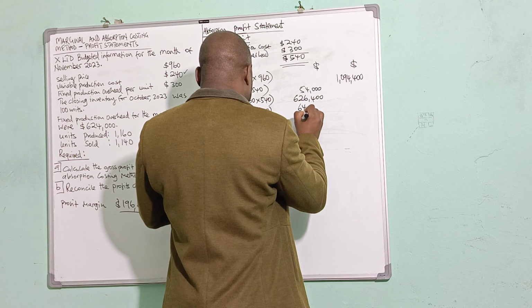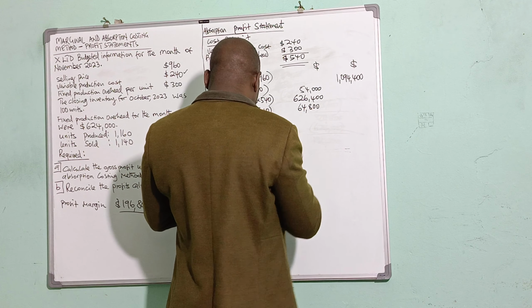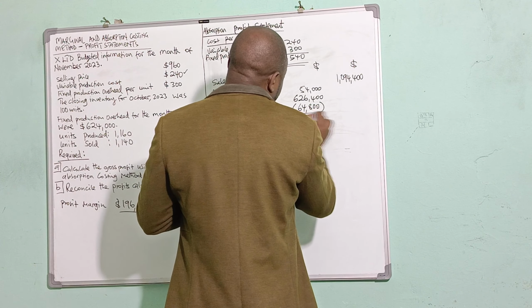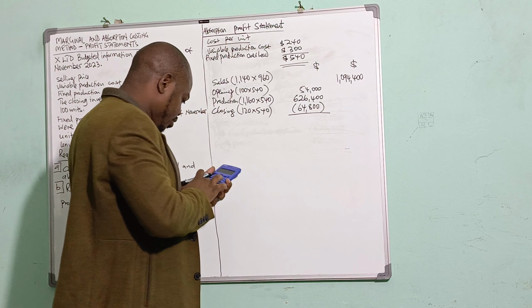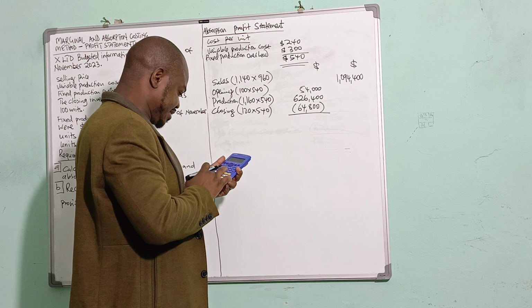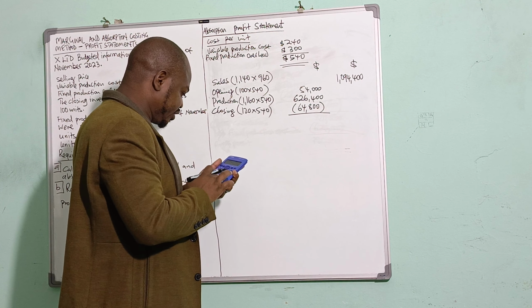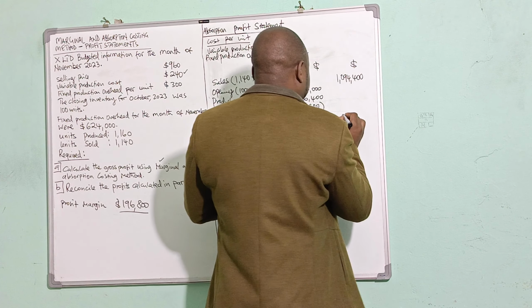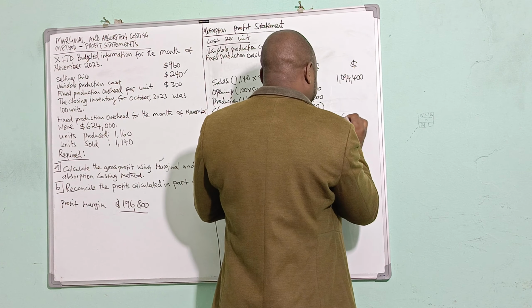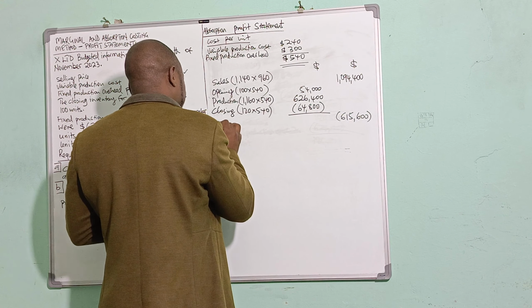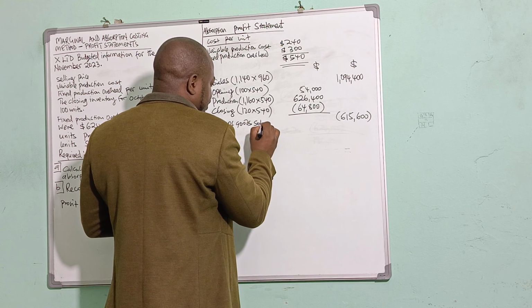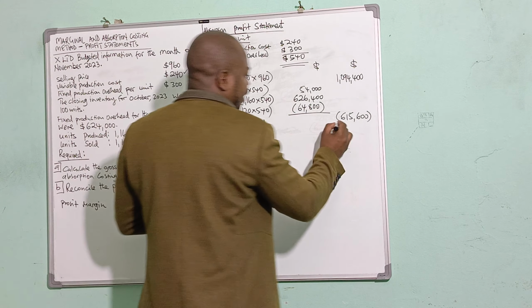I have the closing inventory being 64,800. Okay, 54,000 plus 626,400 minus 64,800. I have 600 as cost of goods sold. All right.